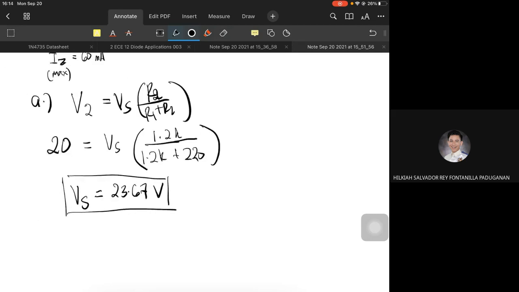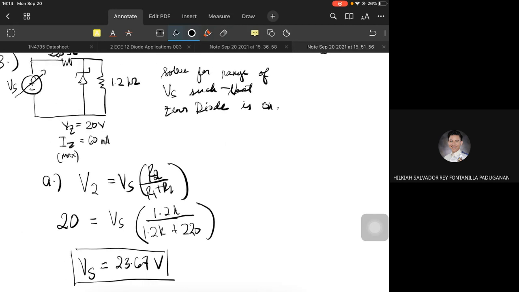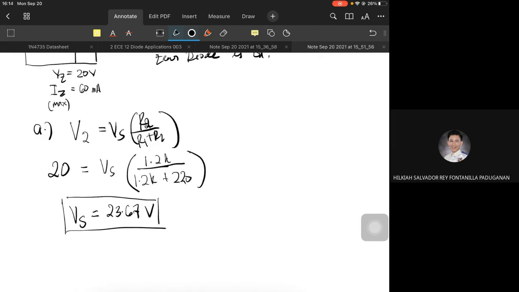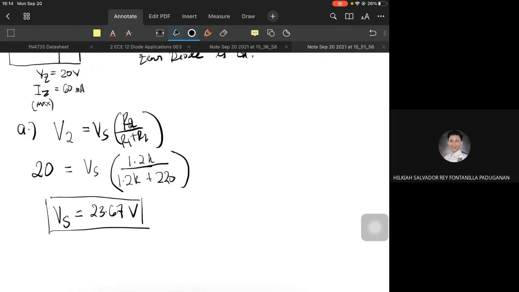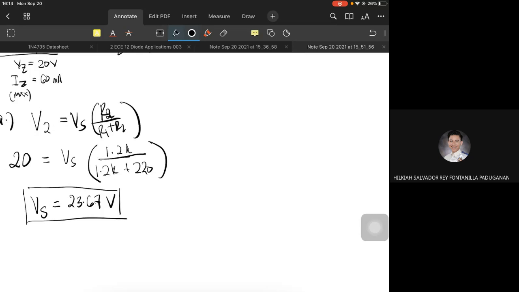If 23.67 is the minimum, the source is variable. What is fixed here is the load, so the current in the load, IRL, is fixed. Let's just use R2. IR2 is VR2 over R2.